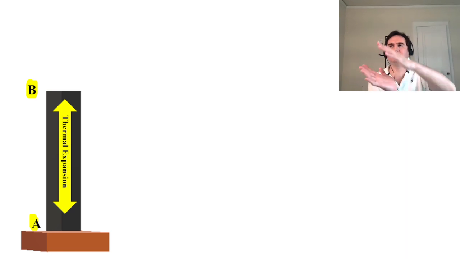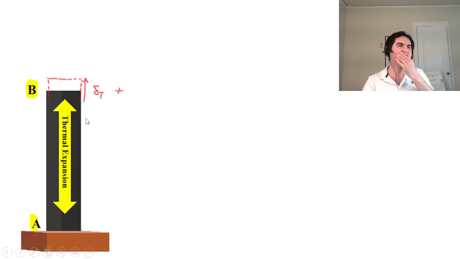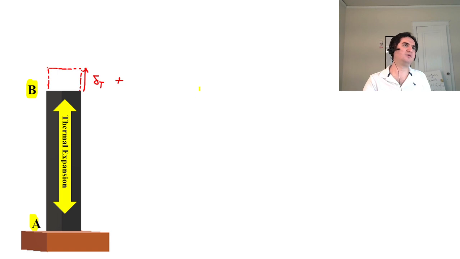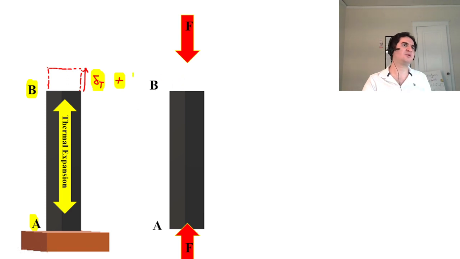If we release one of the supports, for example support B, it tries to expand by an amount delta T, which stands for the deformation due to temperature. We just release support B to see the effect of the increase in temperature.